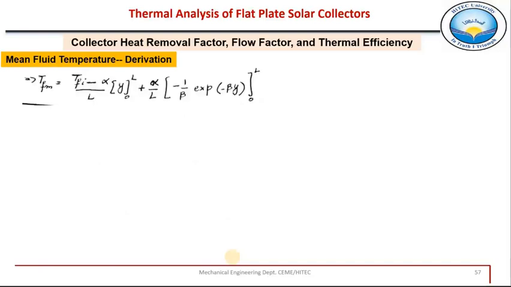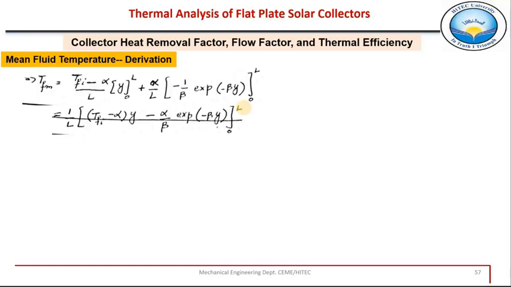So that is shown here after integration and applying the limits 0 to L. Right, so here is this form of TFM. Now further 1 over L is taken constant, so inside what is remaining, TFI minus alpha into y minus alpha over beta, exponent of minus beta y, 0 to L.